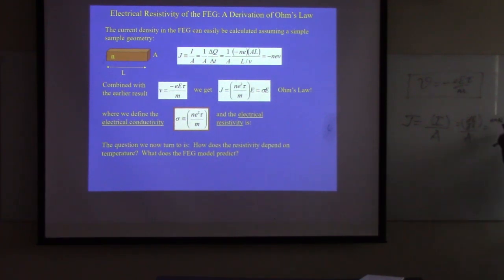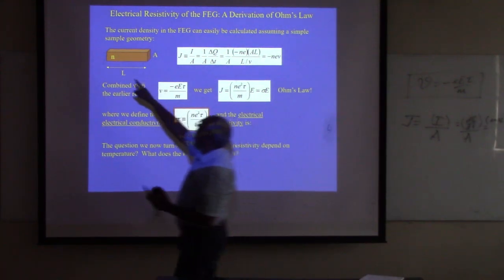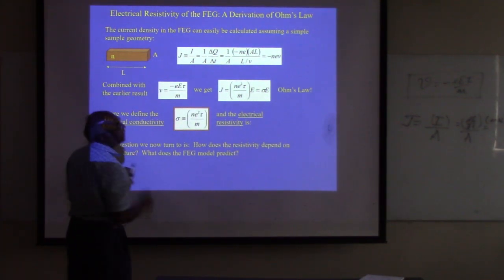What is A times L? Volume. Volume times N means total number of charges, times each electron has charge of E. Then this will give you the total charge.